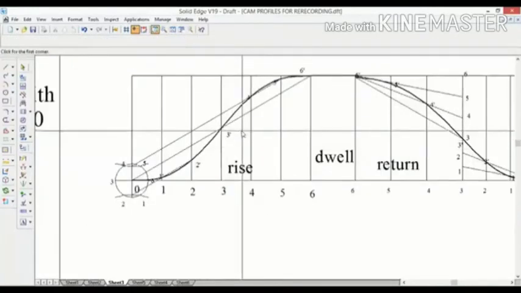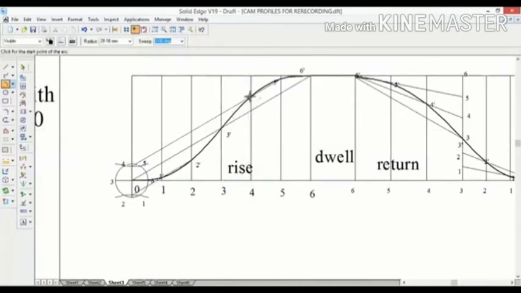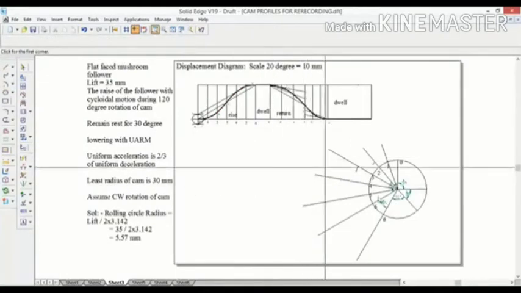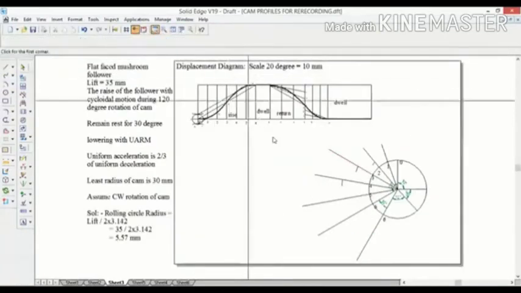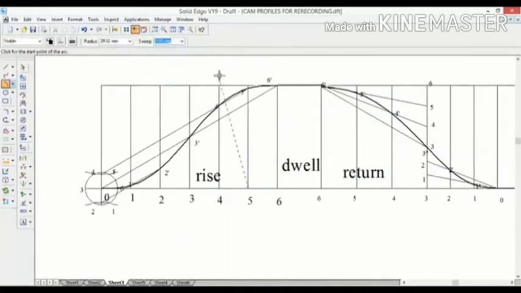Go to 4 dash. Draw an arc. 5 to 5 dash. Measure using the compass.